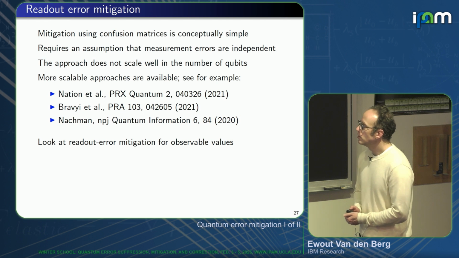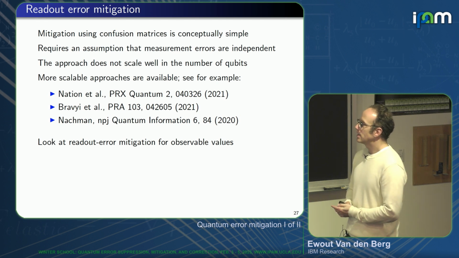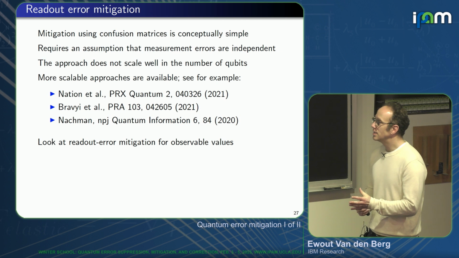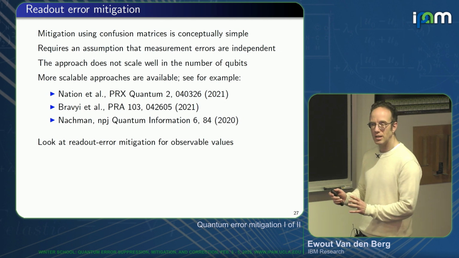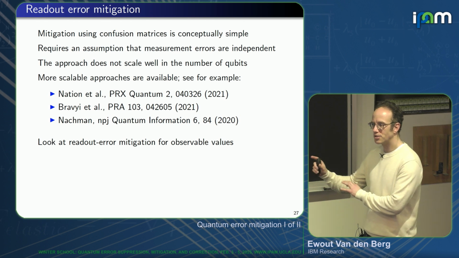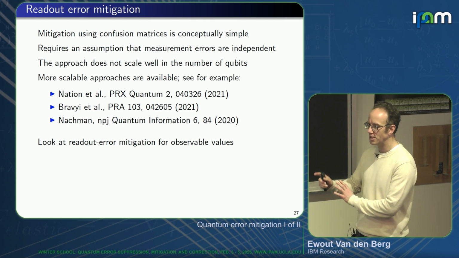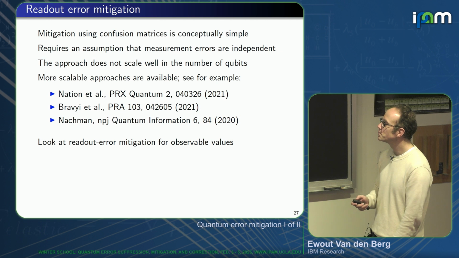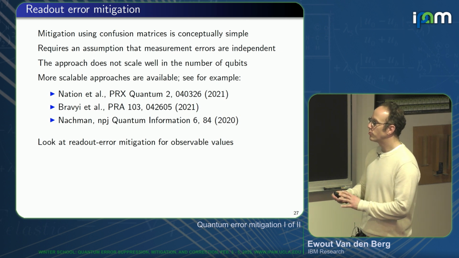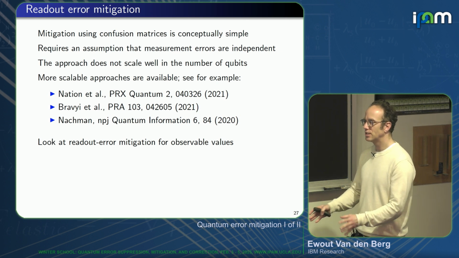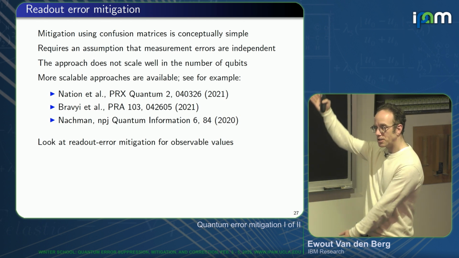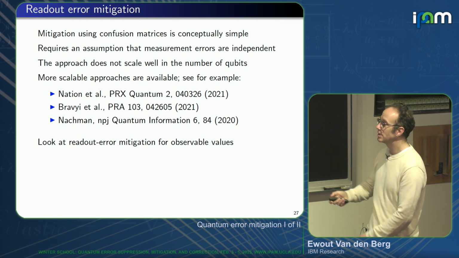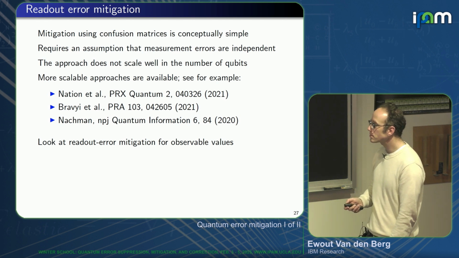Okay, so if you just mitigate using these confusion matrices, it's conceptually simple. It does require some assumption that if you measure a bunch of qubits, they don't affect each other. It's just individual. And just forming this entire matrix explicitly or trying to work with it on a large vector of all the possible probabilities, that's not very scalable, right?